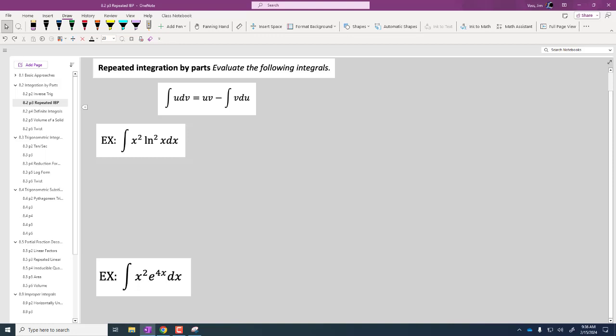Here's another classic one. We clearly have a product. So when we look in here, we see this x squared, and we see this natural log of x squared. And that notation that you see there is kind of a newer thing. 5 years ago, you wouldn't have seen that in a textbook, but they're starting to do that more frequently. Normally, when you see natural log squared, that's the traditional notation.